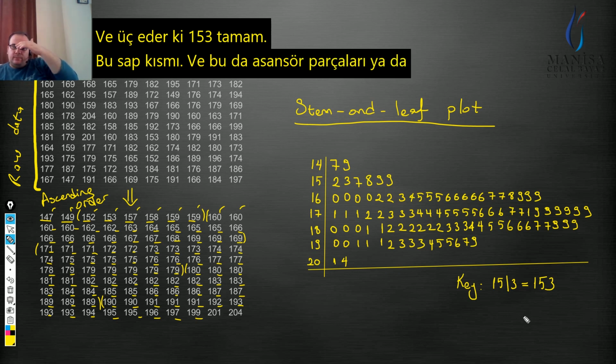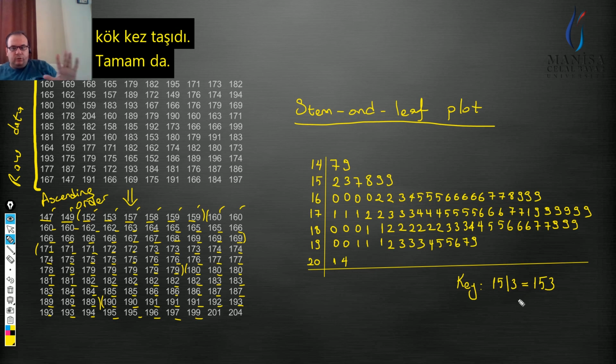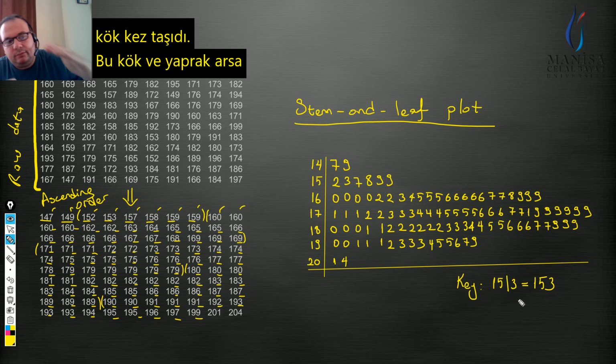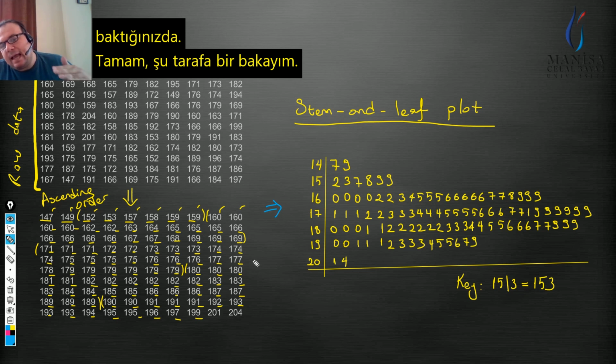So we can read stem times 10 plus leaf. Also, when we look at it this way, it seems like a histogram.